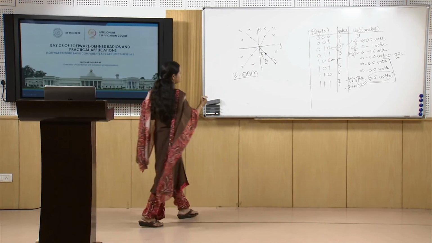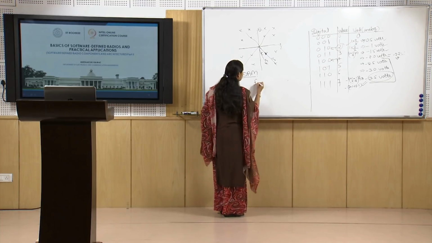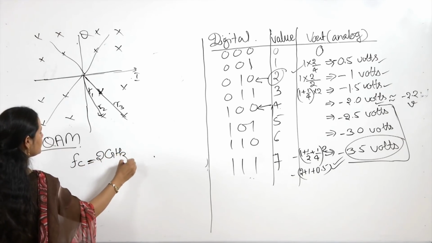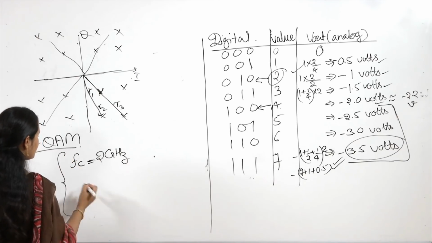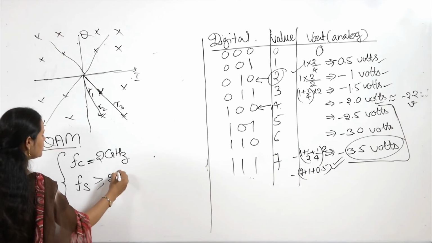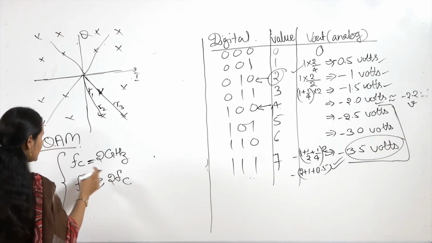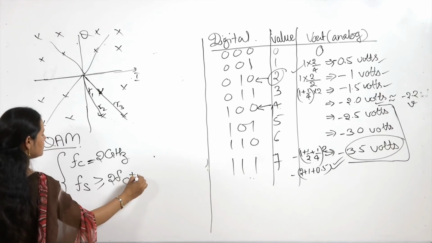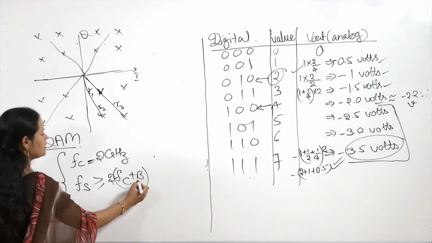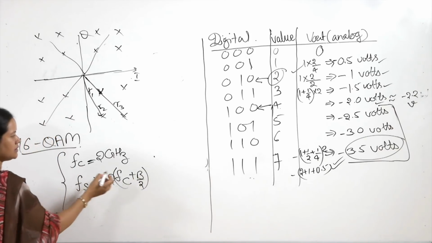Of course, for FC of 2 GHz, sampling frequency should be greater than or equal to twice of FC plus whatever is the band of that signal.